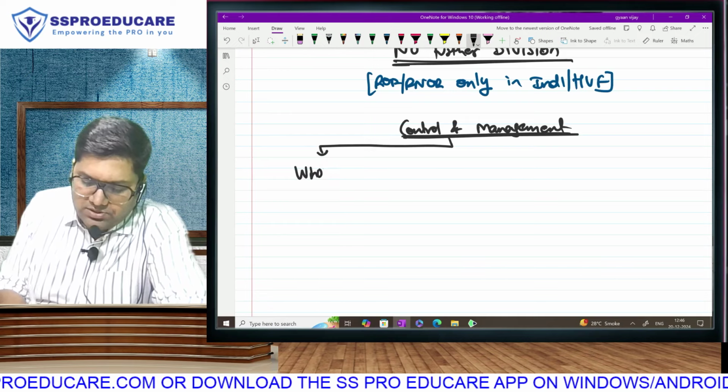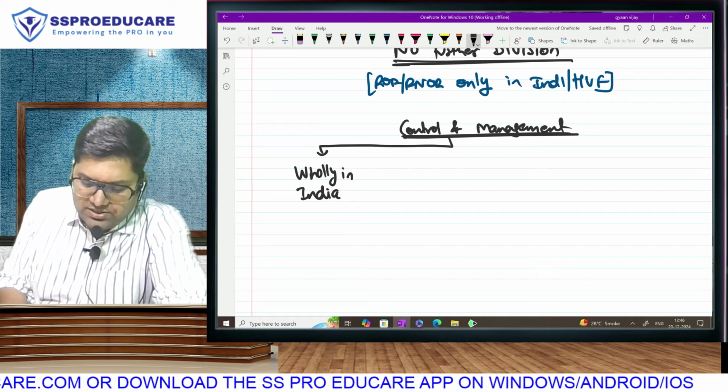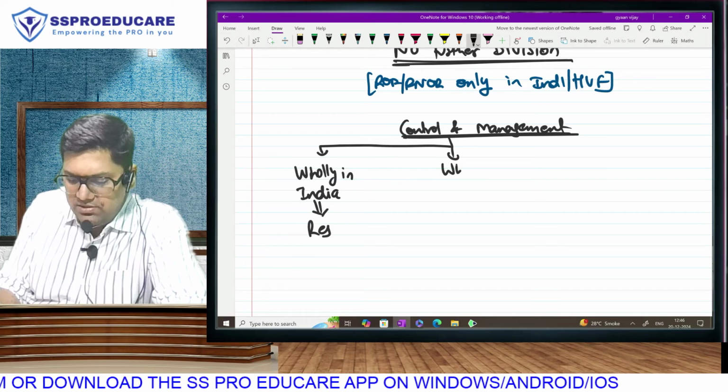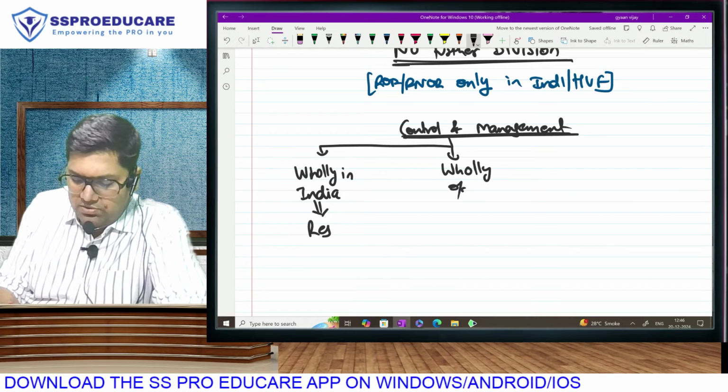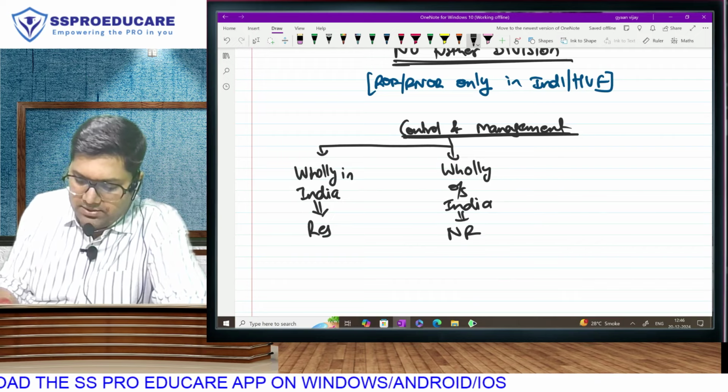And following are the possibilities. Wholly in India. Give me the situation as well as the answer. Fantastic. Second possibility. Wholly outside India. Non-resident. Third possibility.